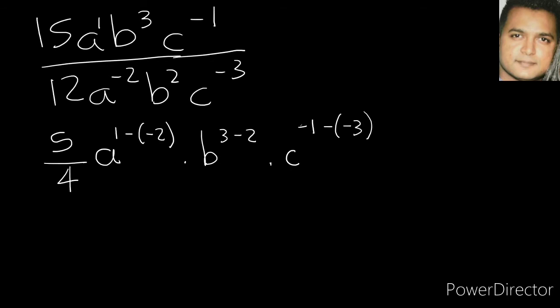So let's simplify this. We have 5 over 4, and this would be a to the 1 plus 2, which is a to the 3. This will be b, 3 minus 2 is 1, and then we have c. C would be minus 1 plus 3, so it would be c to the power 2, and this becomes your final answer.